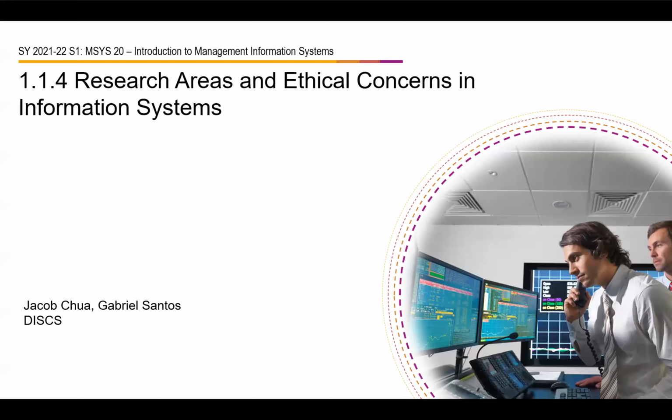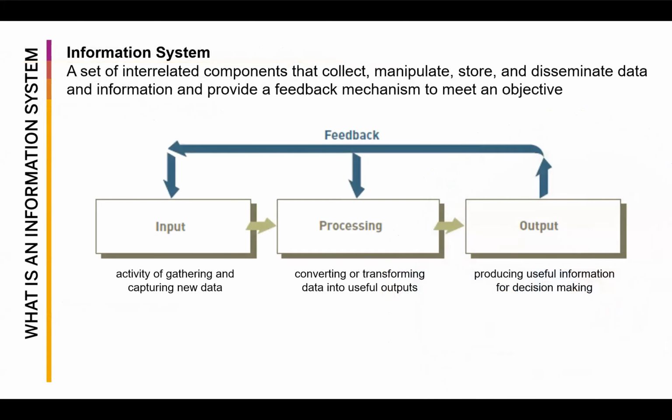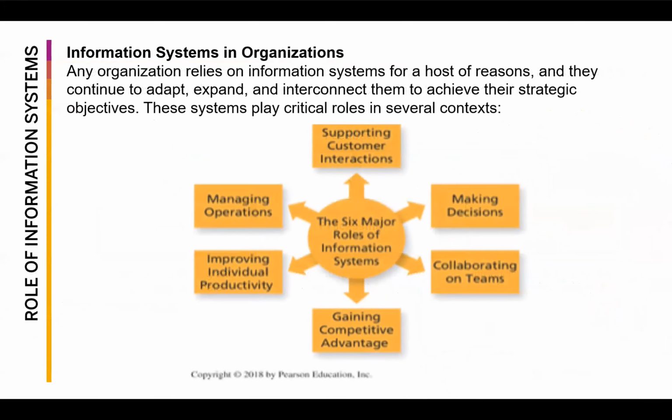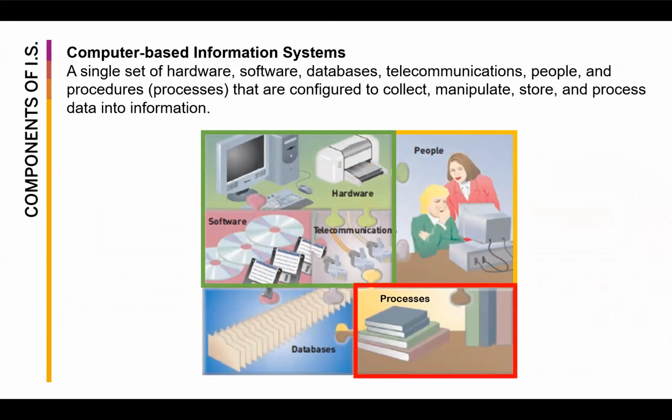Okay, so we've discussed the high level definition of information systems, just to recap again. We've also discussed the role of information systems. We've discussed the components of information systems, where we have the people, the technology, the business process, and the data itself.